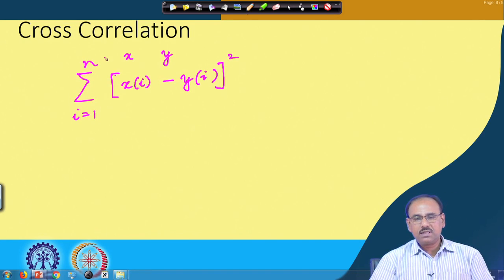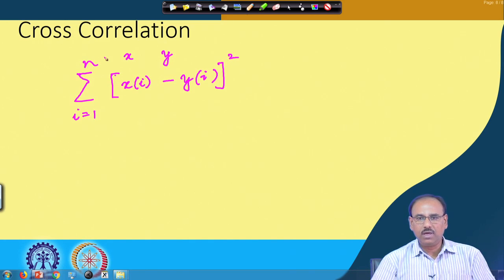So, this is the sum of squared error between the two signals x and y. Obviously, if the signals are widely different, then the sum of squared error will be high. If x and y are very similar, then the sum of squared error will be low.